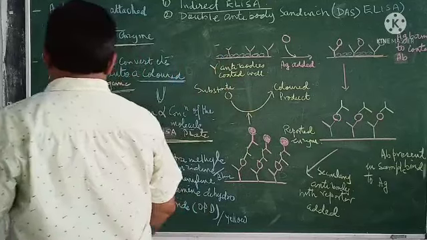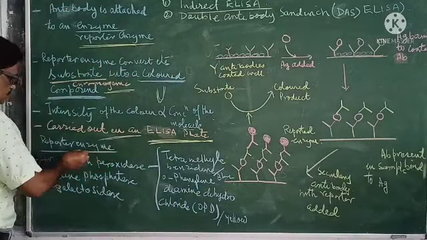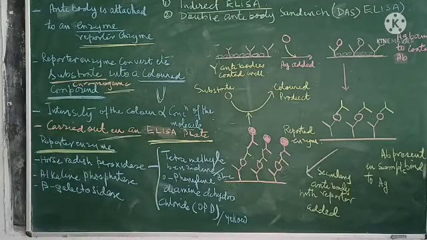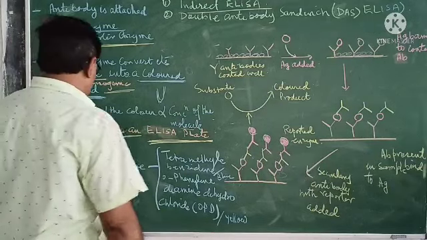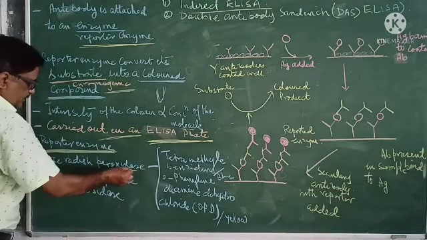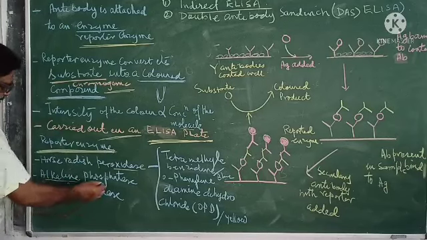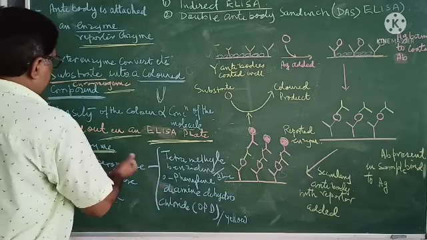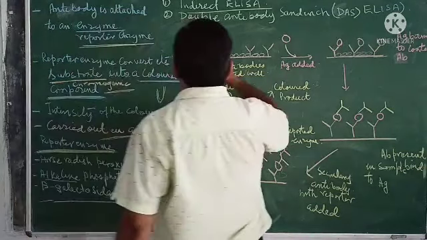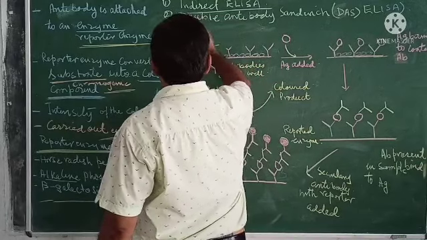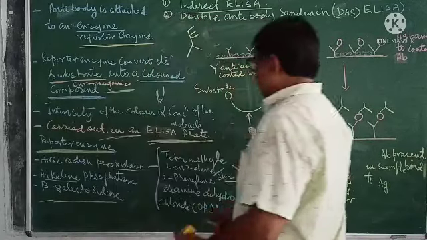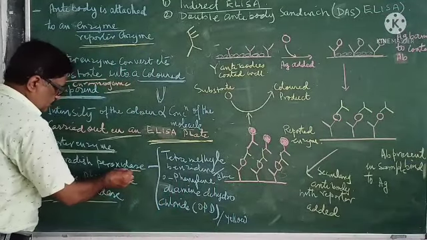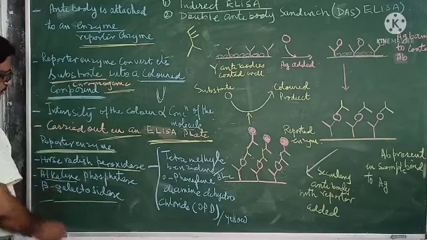One more thing. The most commonly used reporter enzymes in ELISA are horseradish peroxidase, alkaline phosphatase, or beta galactosidase. These are the enzymes used as reporter enzymes. Out of these, the most commonly used is horseradish peroxidase.